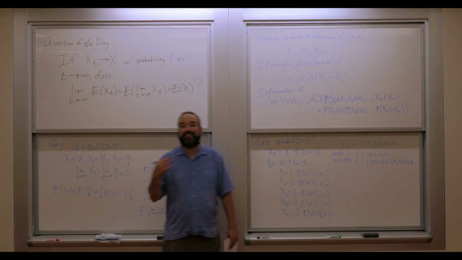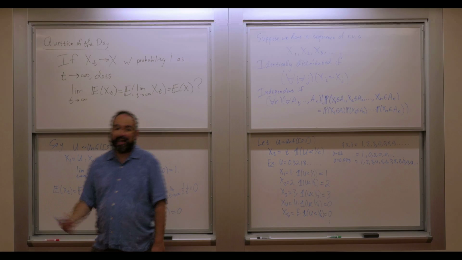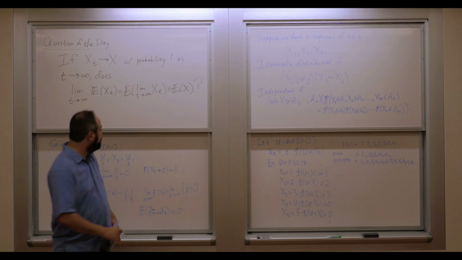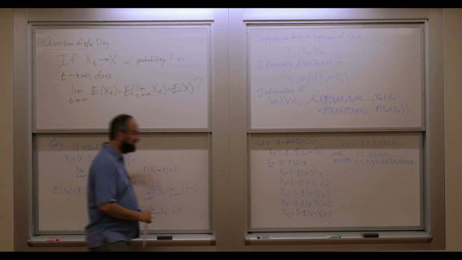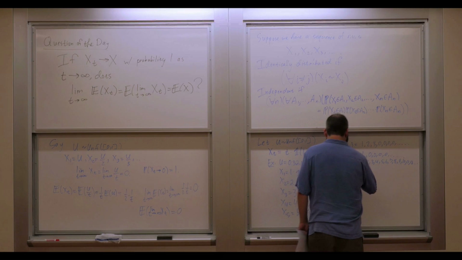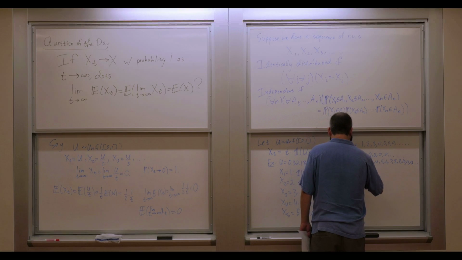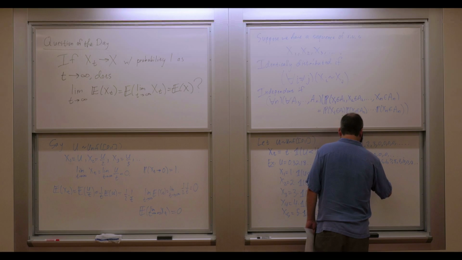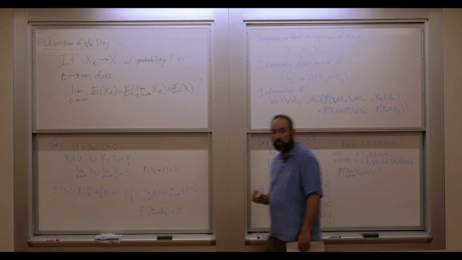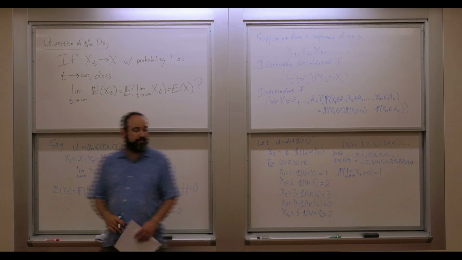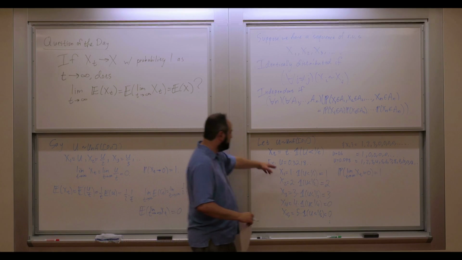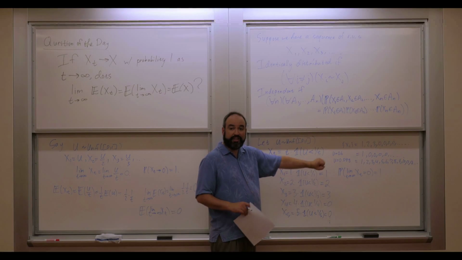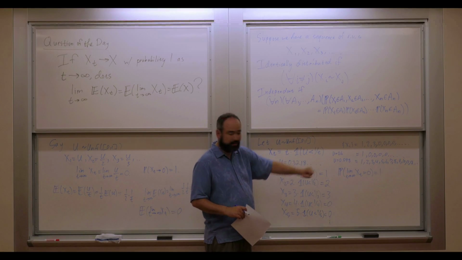And so it goes to 0 at 11 and onward. So just like the example over here, the probability that the limit as t approaches infinity of x of t equals 0 is 1. So as t goes to infinity, these x of t values are converging to 0 with probability 1.